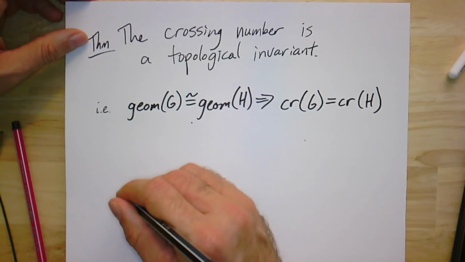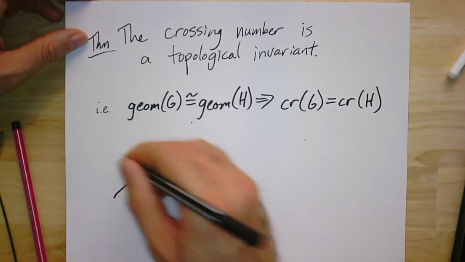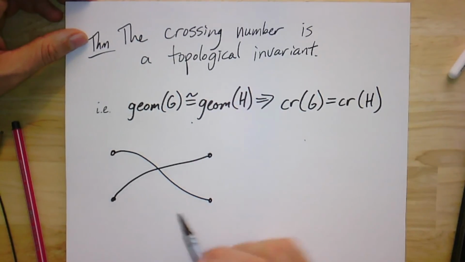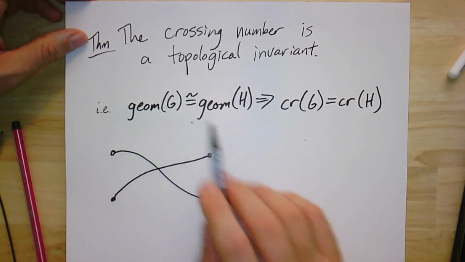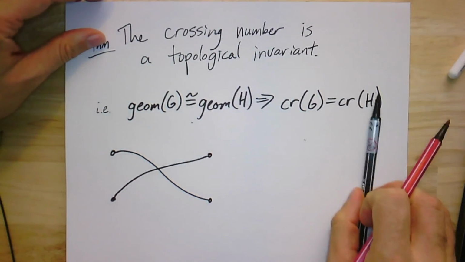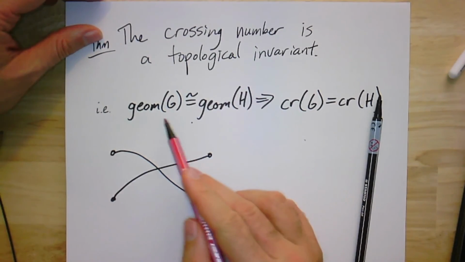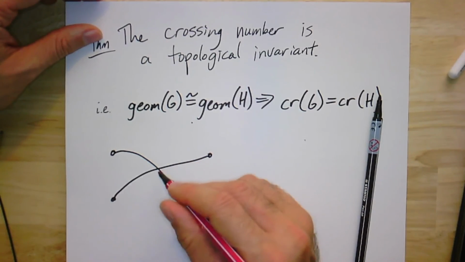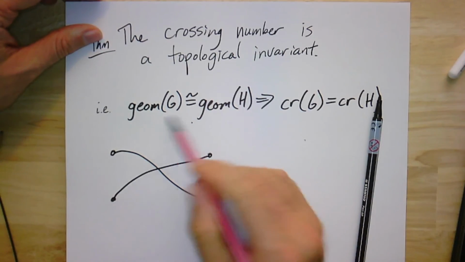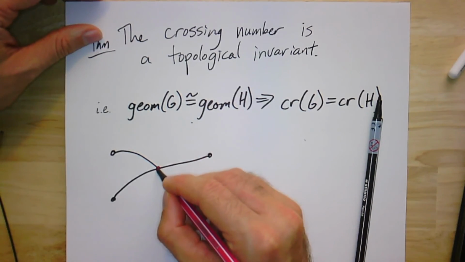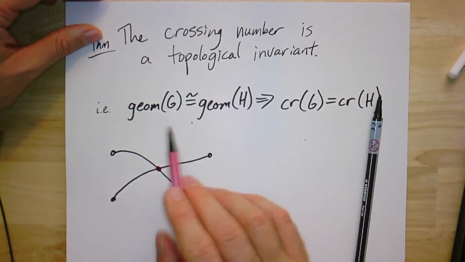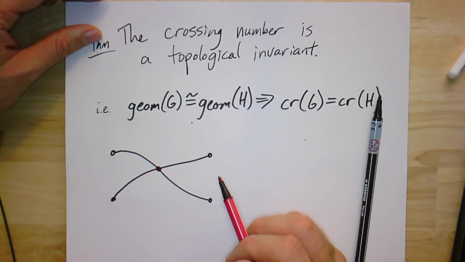So it could be that two edges in the drawing of H have a crossing here, and it could also be that G is a subdivision of H. We know that subdivisions of graphs are still homeomorphic. And it could be that if I push the drawing of H that I have here through that homeomorphism, the subdivided edge might land right on the crossing, which would cause the new drawing to be degenerate.